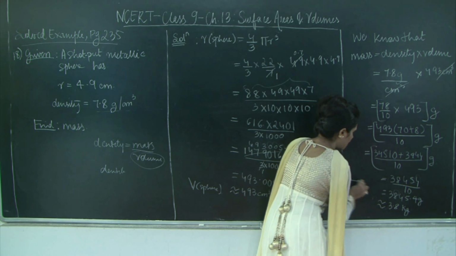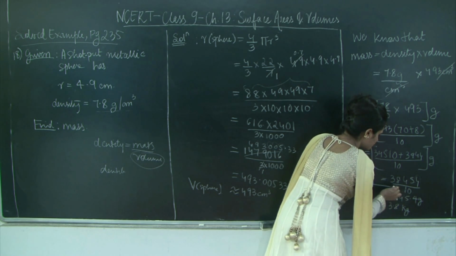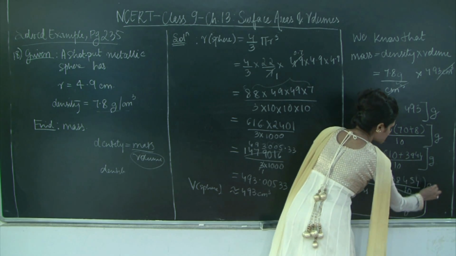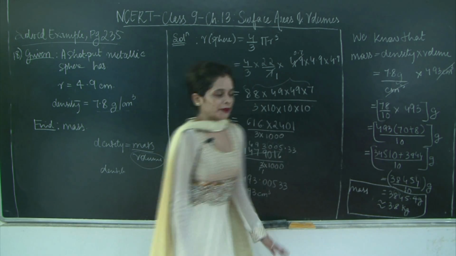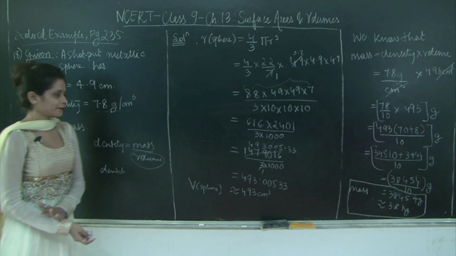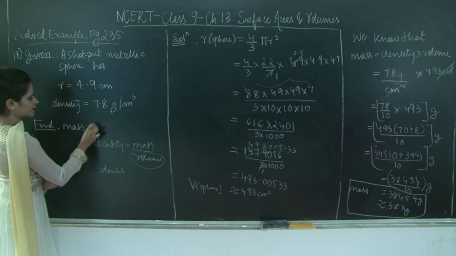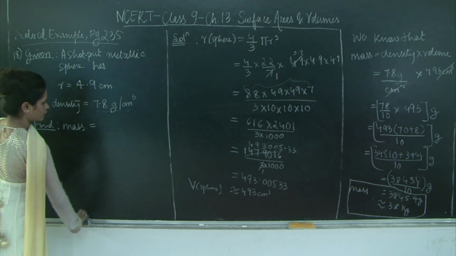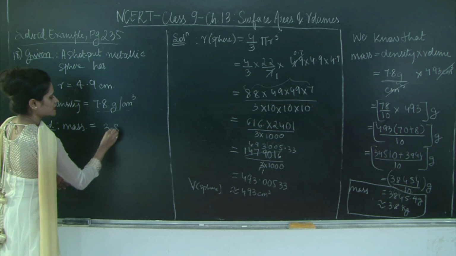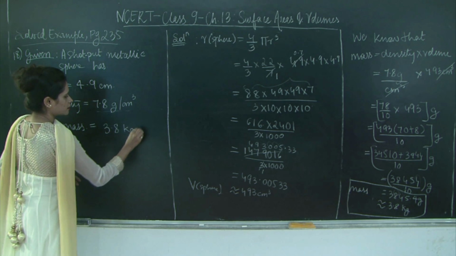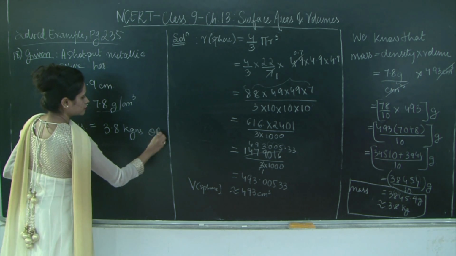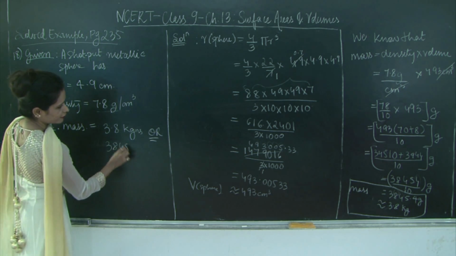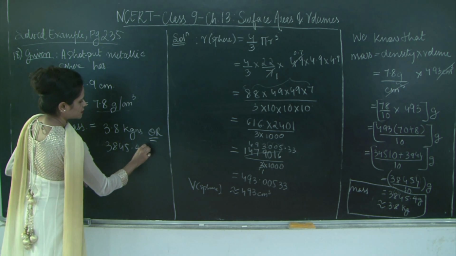You can keep the mass as grams or kilograms. Please take a look at the solution. The answer is 3.8 kilograms or 3845.4 grams.